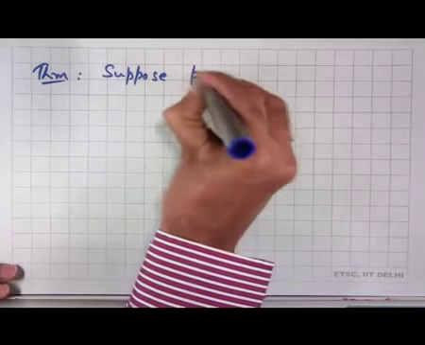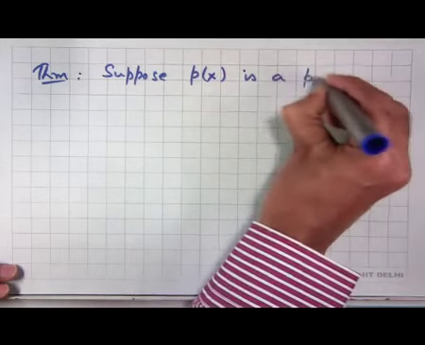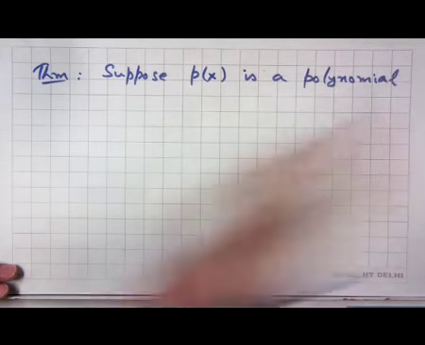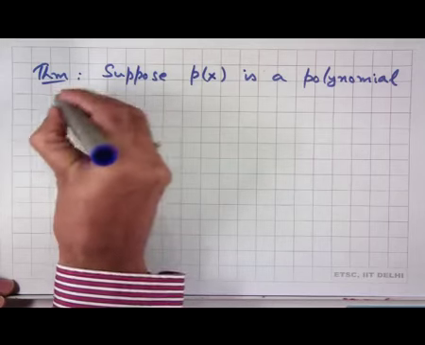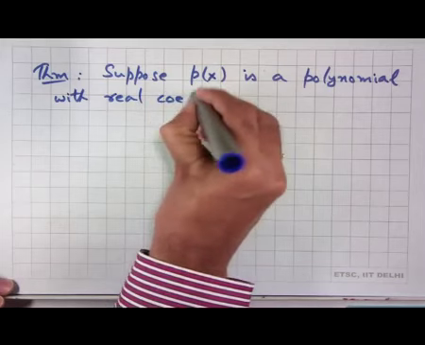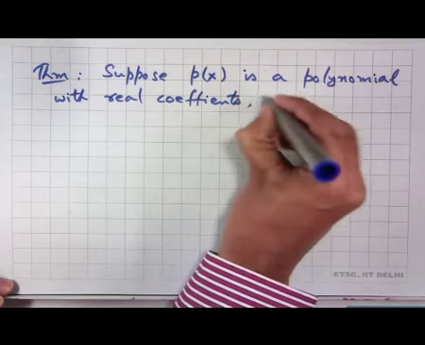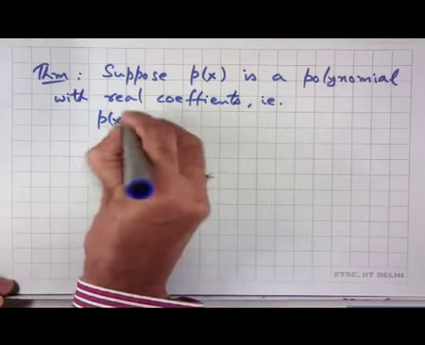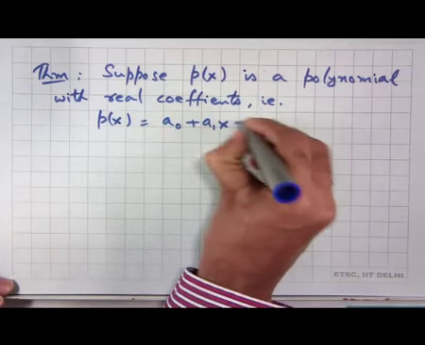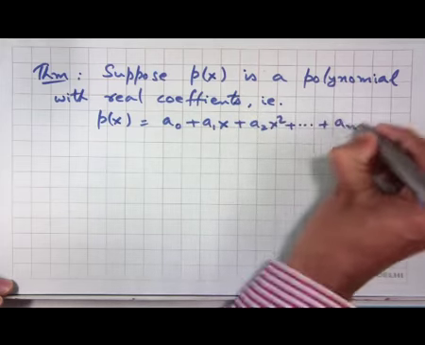So, suppose p of x is a polynomial with real coefficients, that is p of x is of the form a 0 plus a 1 x plus a 2 x square, and so on up to a n x to the power n.